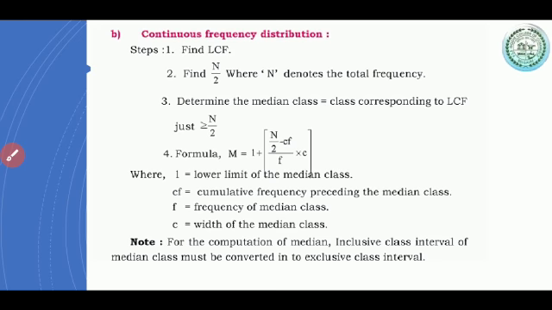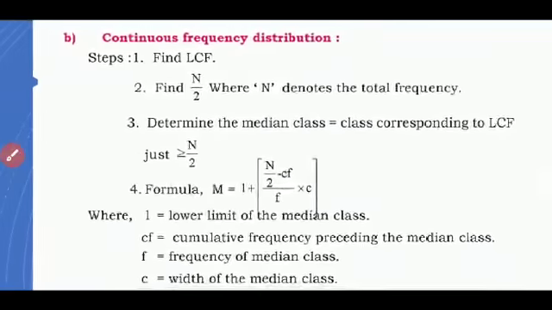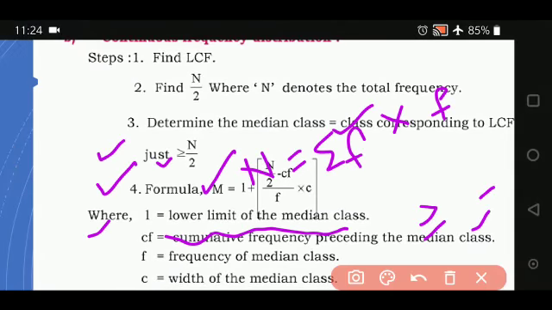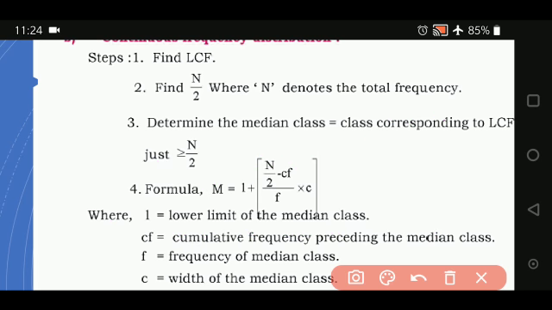Now next, coming to the continuous grouped data, what are the steps you have to remember? First you have to find the LCF, then you have to find n upon 2, where n denotes the total frequency. Then determine the median class, that is the class corresponding to LCF just equal to or more than n upon 2.